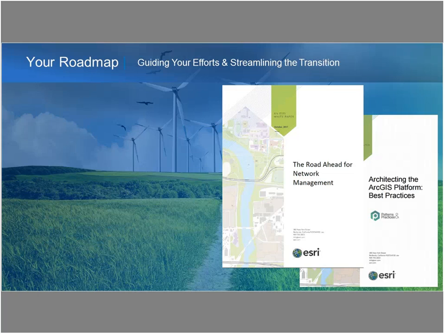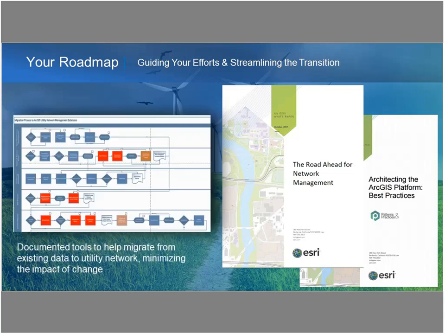But there's also other pieces that we've been working on for this, and it's specifically by documenting the process and the tools associated with making a transition from a more traditional GIS data model to the utility network. It will not be a simple process. It will not be a one-click process, but it's something that you can use to help you understand the gap between where you are and where you need to go so that you can plan and budget accordingly.